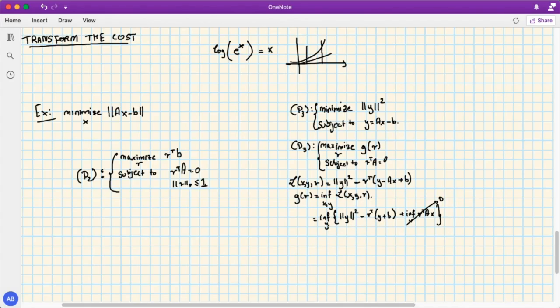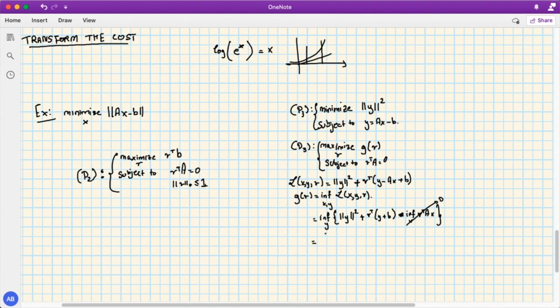Now, since we have an infimum with respect to y, it's better to isolate nu transpose b, right? Actually I have a minus sign here, which is inappropriate. This should be a plus, and this should be a plus, and this should be a minus, right?